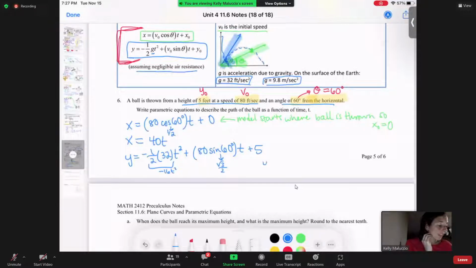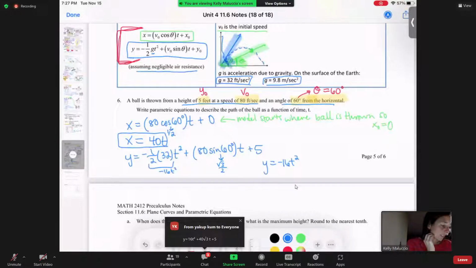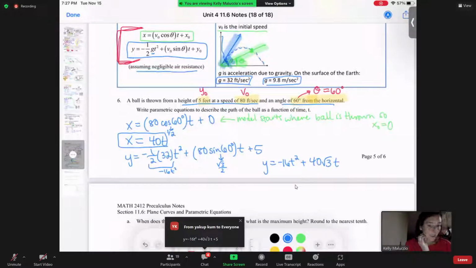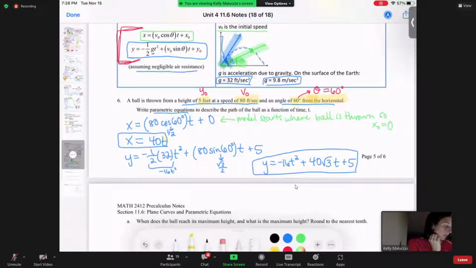So here's my x, I'll circle that. y equals negative 16t squared plus 80 times √3/2, and 80/2 is 40, so 40√3 t, and then plus 5. These are the parametric equations that we found, and they describe the path of the ball at time t.